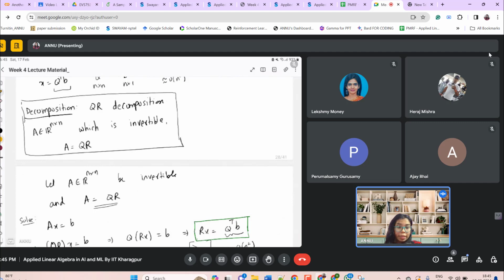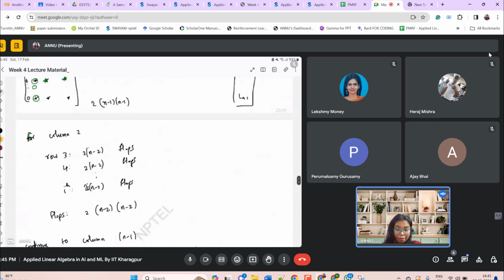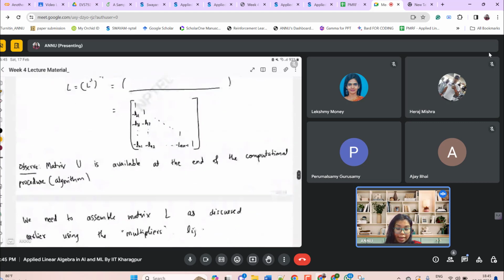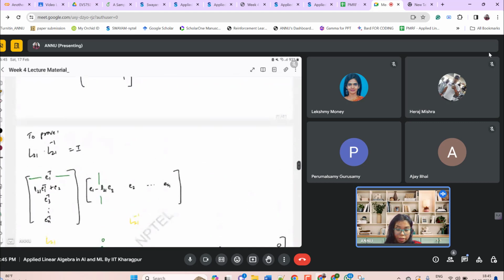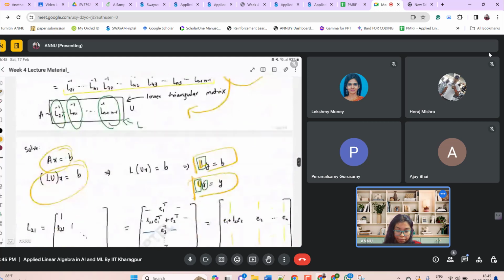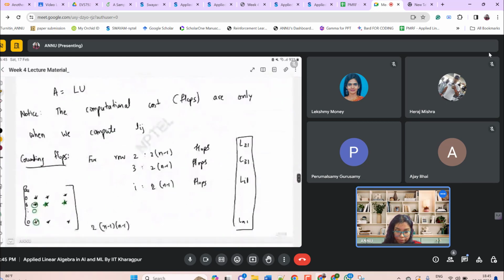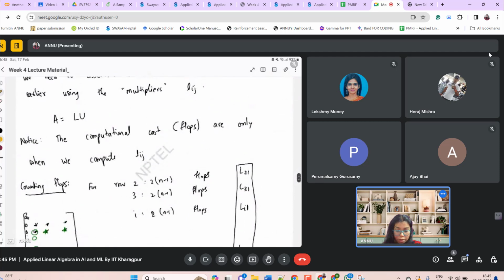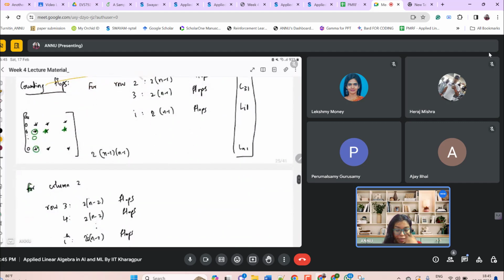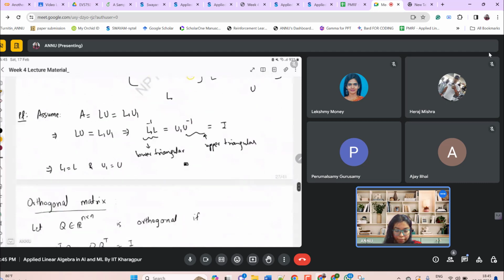Similarly, we can also do that for QR. Why did QR come even if we had LU? Why did QR decomposition come? In case of LU, the computational cost or flops are only when we compute Lij. So the number of flops here was very less as compared to the previous one.